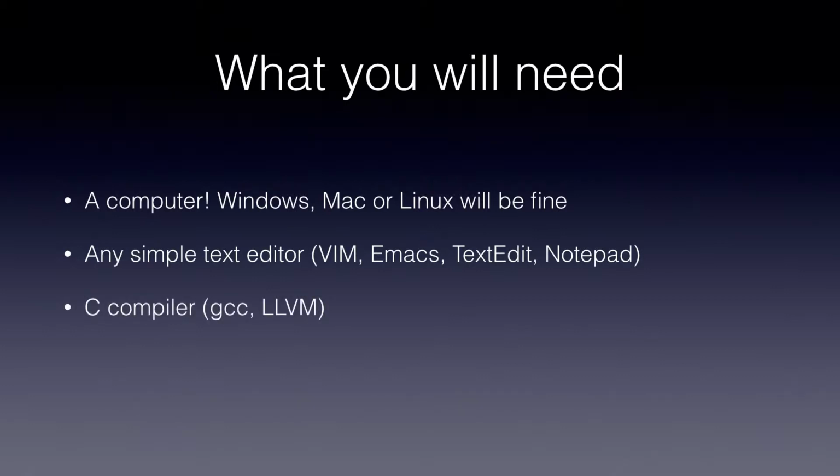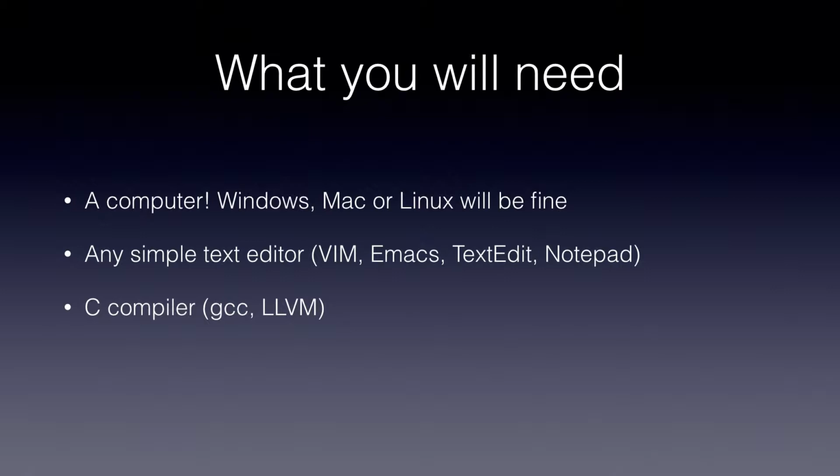Okay, as I mentioned before, you're going to need a compiler, a C compiler to be exact. A couple of ones are GCC and LLVM. Now, if you have Clang, then you have LLVM, because Clang uses LLVM.